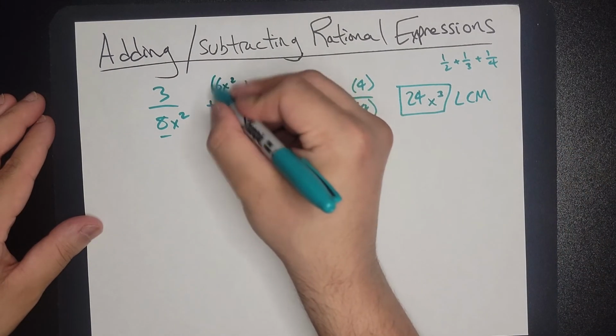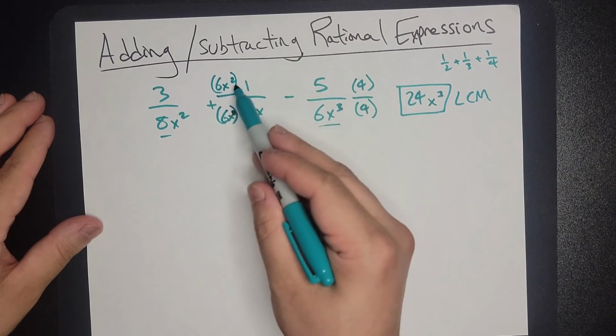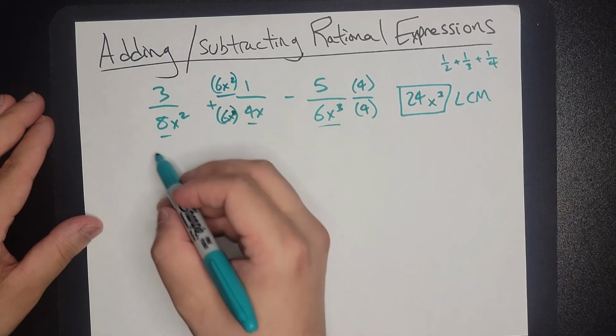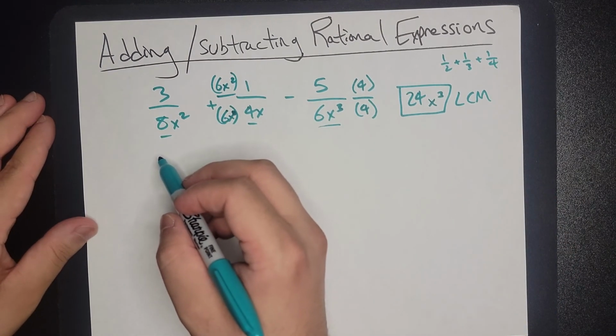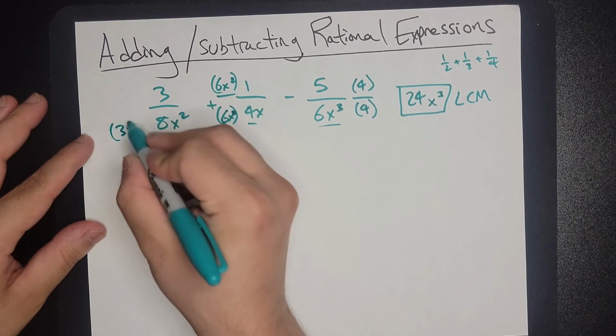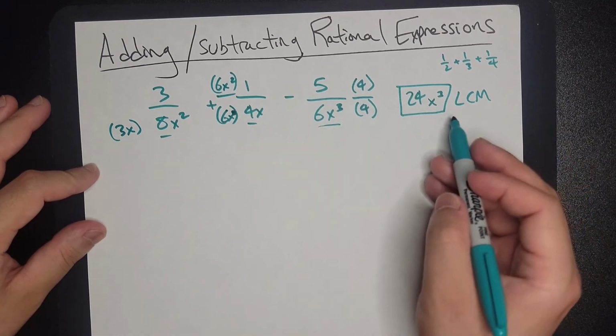So 6x squared, 6x squared divided by 6x squared. And then this one I can multiply by 3x. That'll give me 24x cubed.